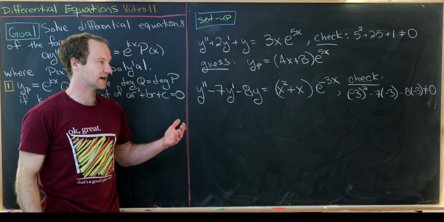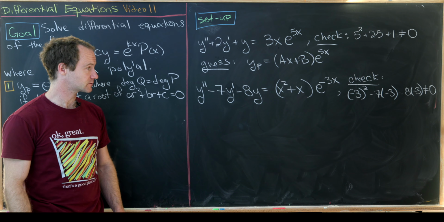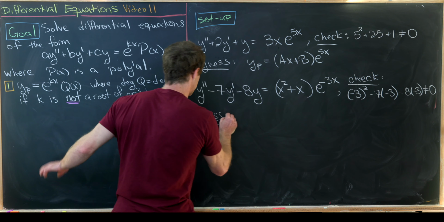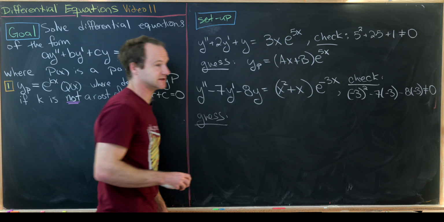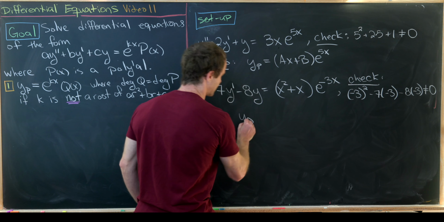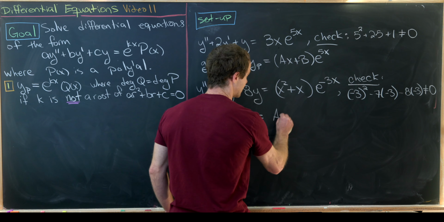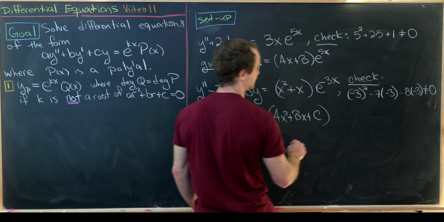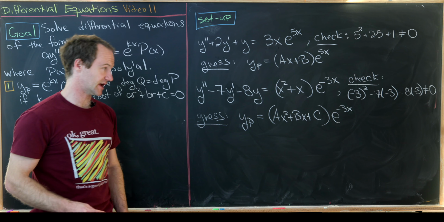So in other words, negative 3 is not a root of that polynomial. So since it's not a root of our polynomial, this original case is satisfied, though we don't know the other cases yet, and we can write down our appropriate guess. So our appropriate guess will be yp equal to a general quadratic polynomial. I'll write that as ax squared plus bx plus c times our e to the minus 3x.